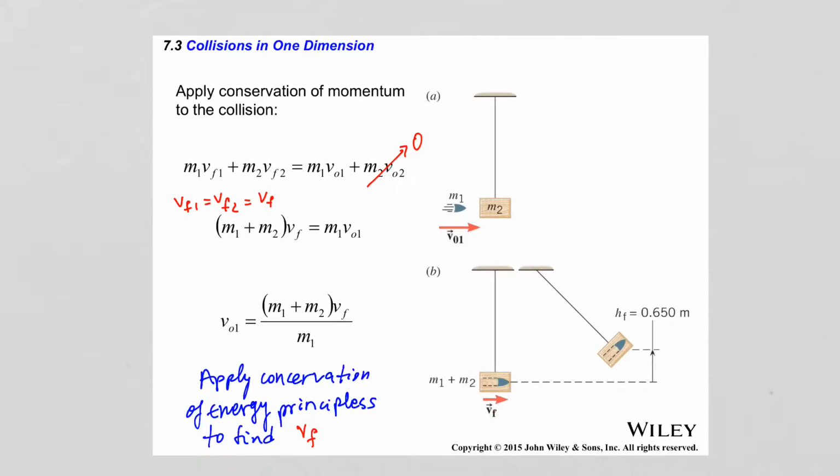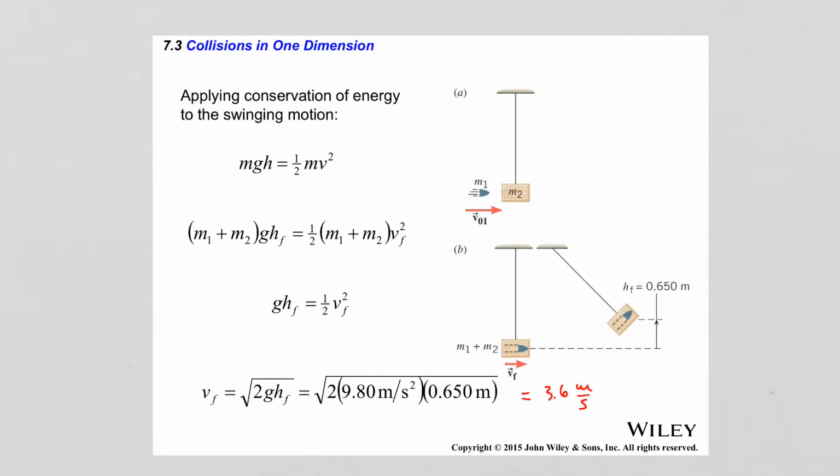I'm going to keep the same notation with the understanding that this final velocity is just the initial velocity for that pendulum motion now. So the conservation of energy principle basically tells us that the kinetic energy of the system as it starts to swing up will be equal to the potential energy of the system as it stops moving at this height, hf.